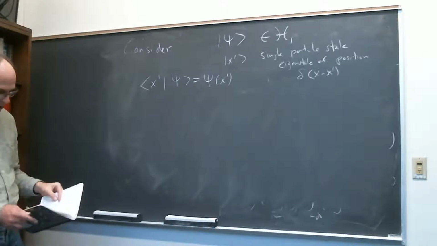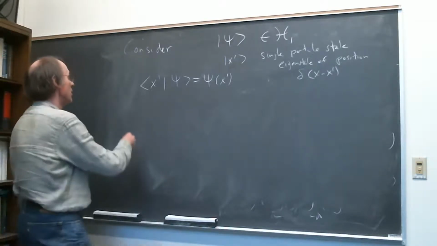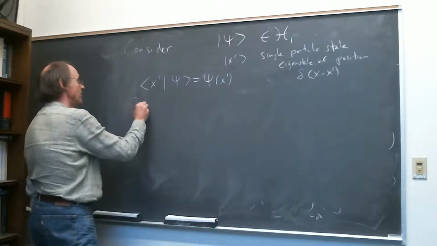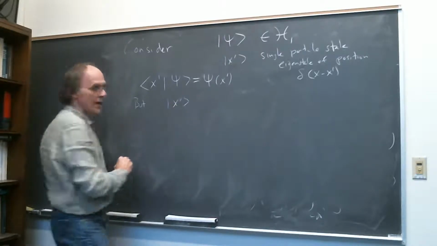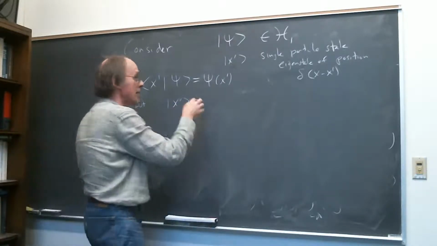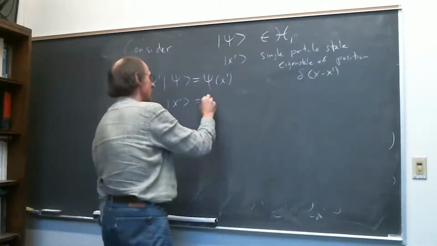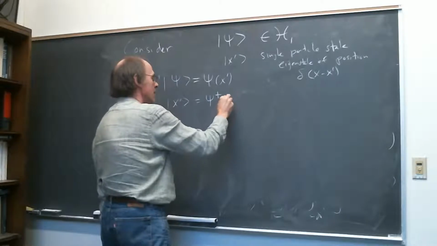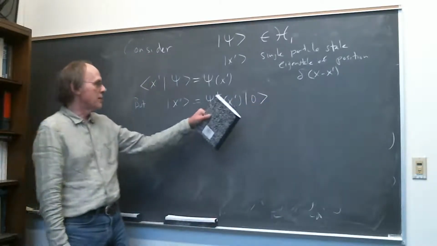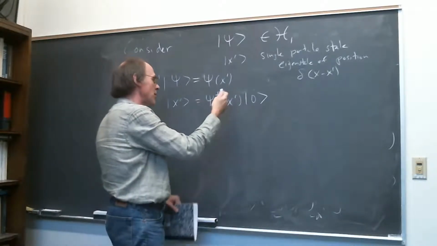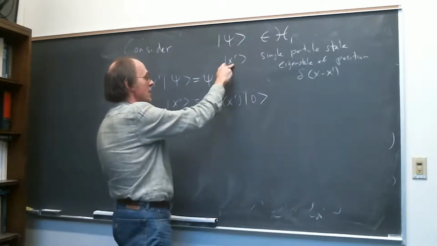But what you could do with this, note, is think of what |x'> is in this language that we've been developing. This is supposed to be what you would get by doing this. To the extent that this operator makes sense, it takes a nice state and turns it into this non-normalizable state.